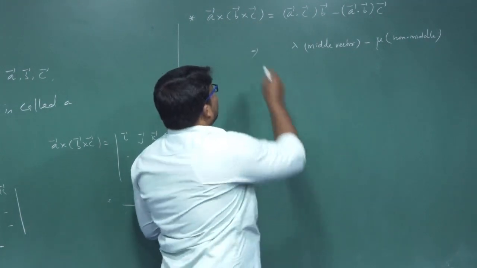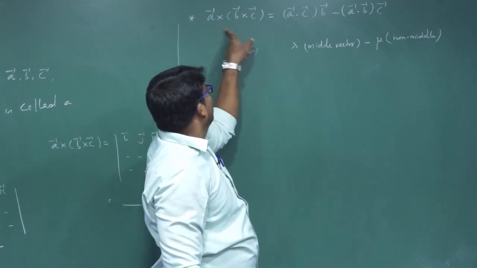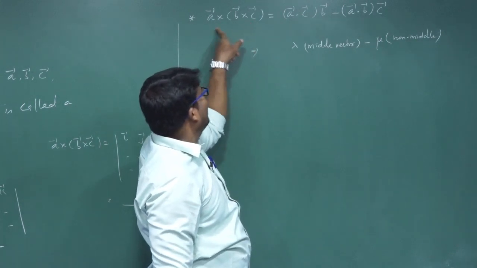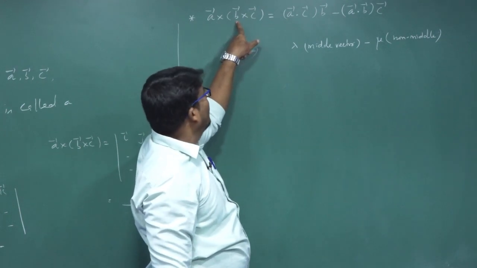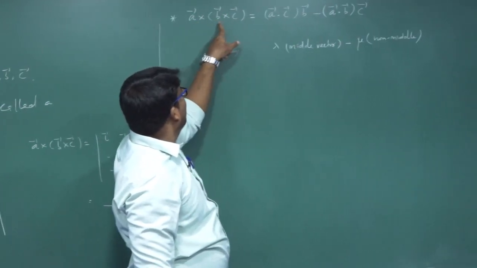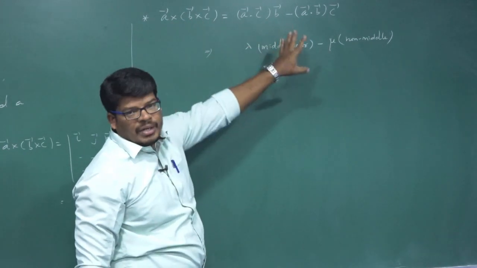That is the expansion of vector triple product: A dot C, which is lambda, into B, the middle vector, minus A dot B, which is mu, into C, the non-middle vector.